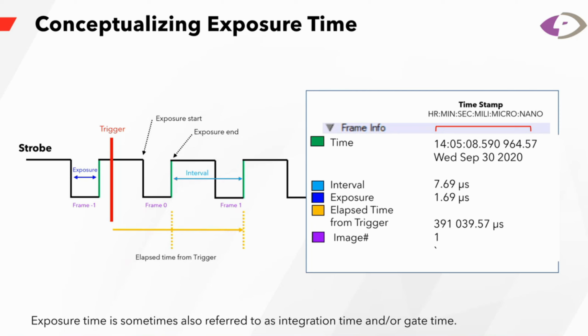The moment the camera receives a trigger, we measure against that for each frame. So how long did it take for that frame to occur after that trigger had happened? We also provide each image number. Frame 0 is the frame that comes directly after the trigger. It's also important to remember that exposure time is sometimes referred to as integration time, and sometimes people refer to this as your gate time.